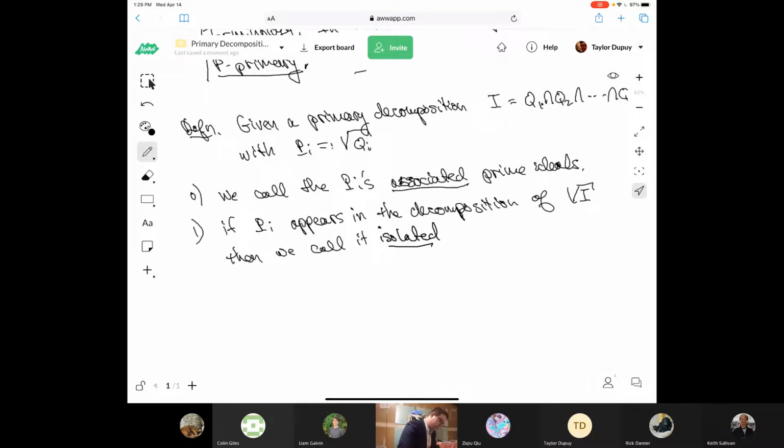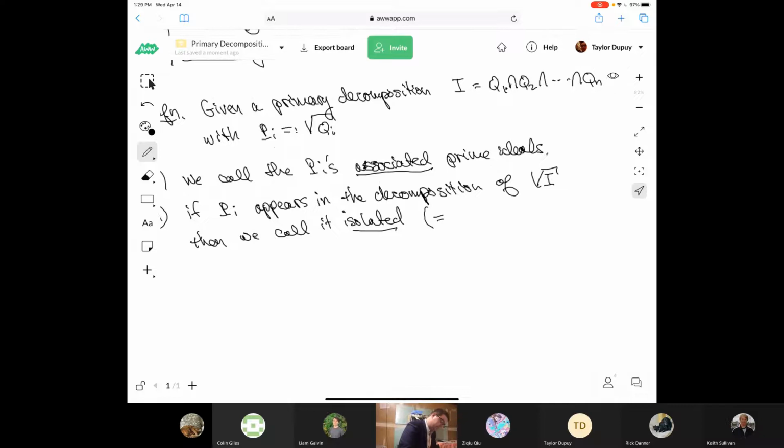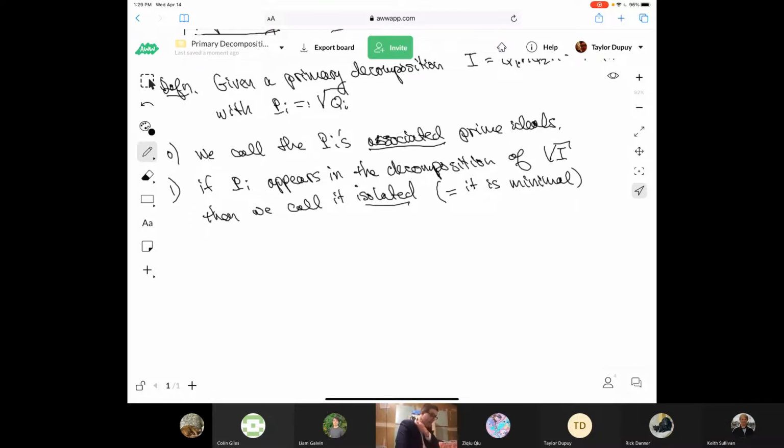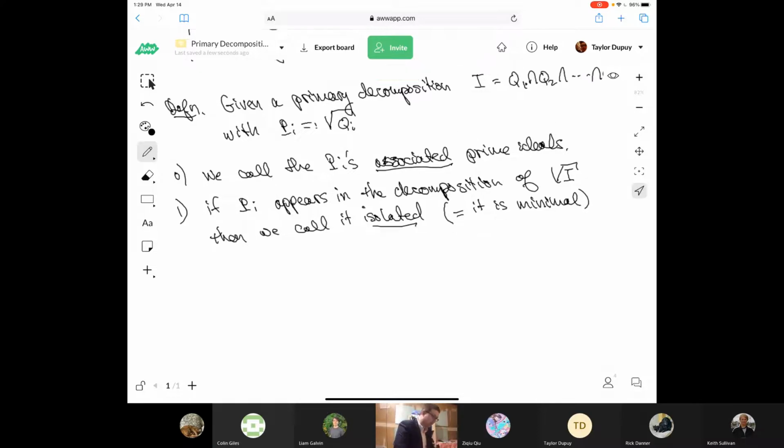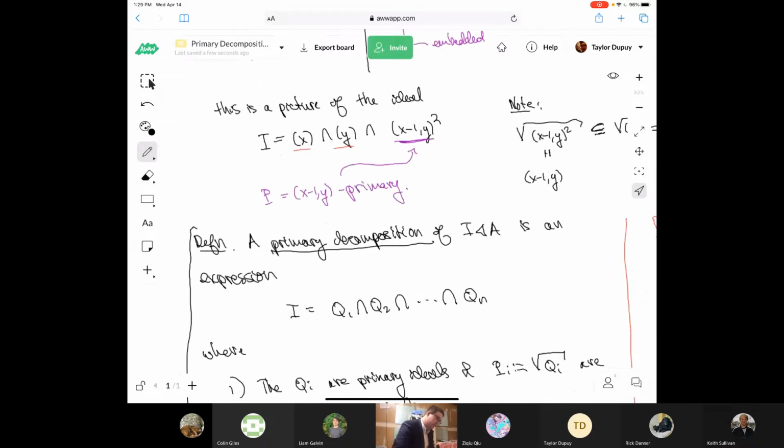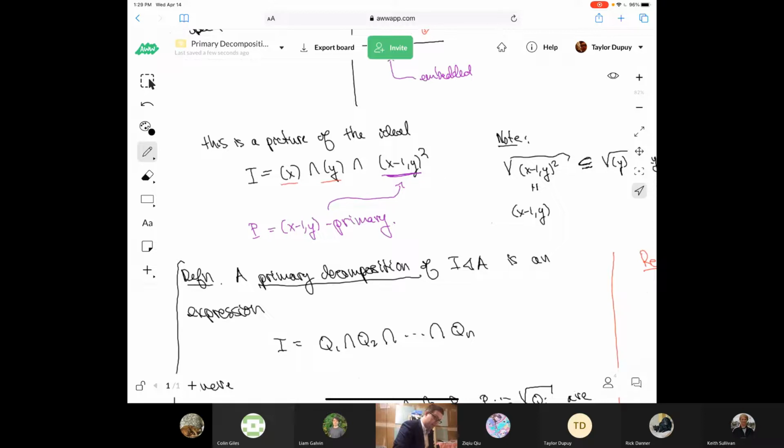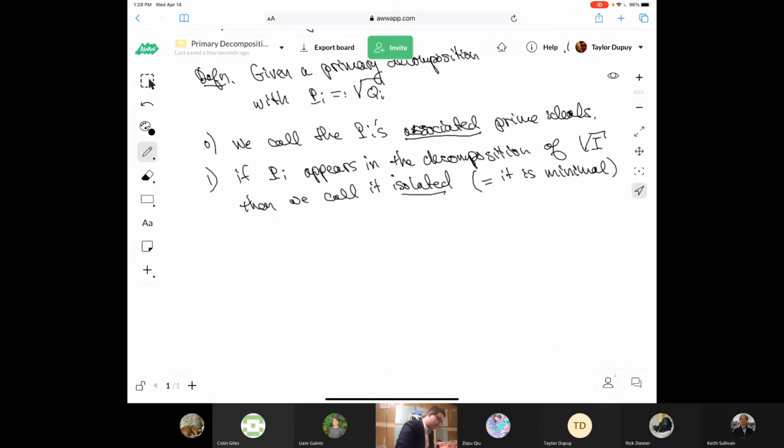This means that it's minimal. These are the ones that appear in the intersection here. We throw away all the other things, so this one here is not minimal. This is not an isolated component.